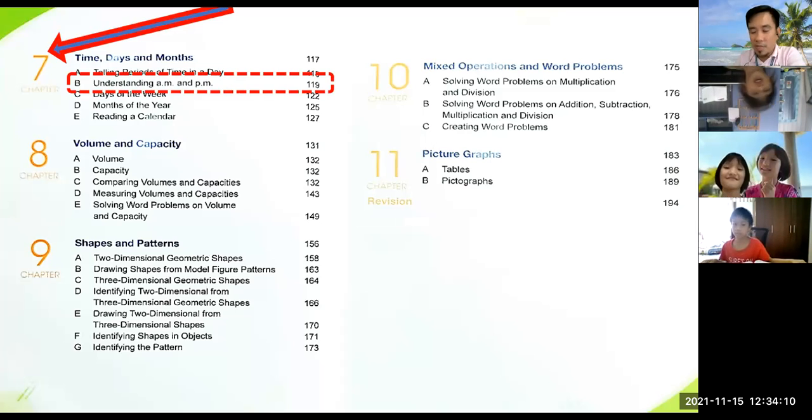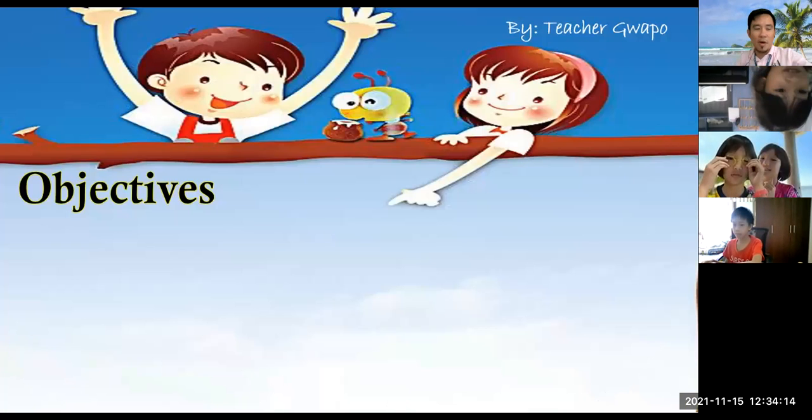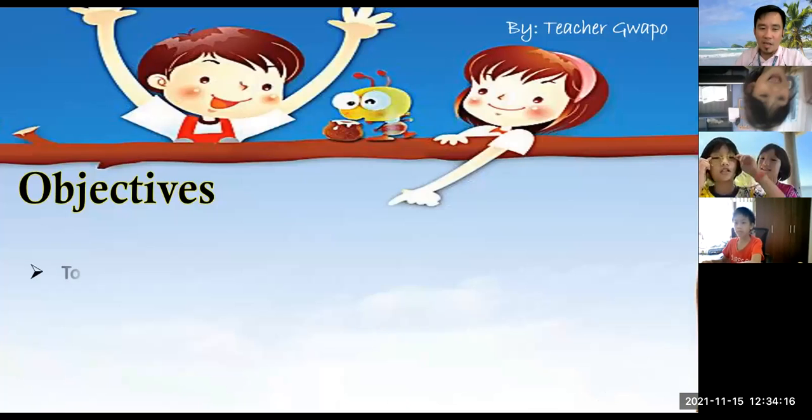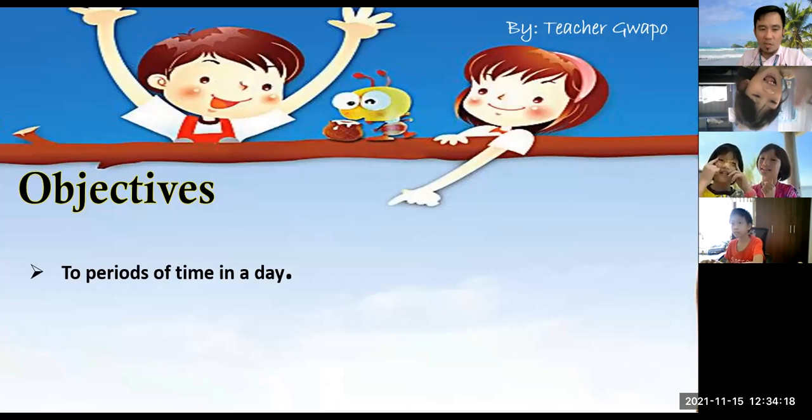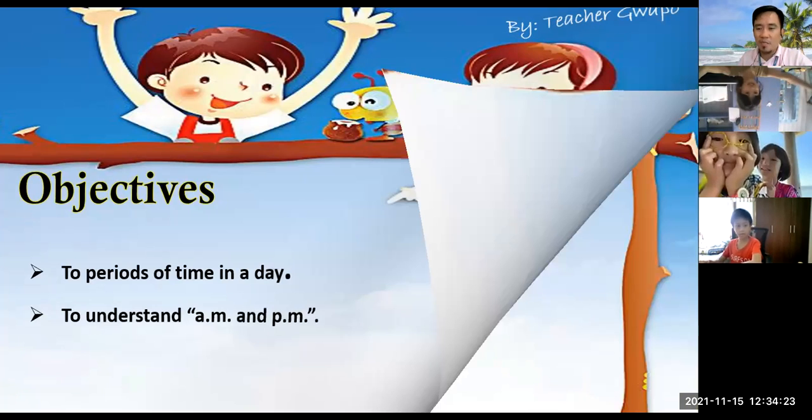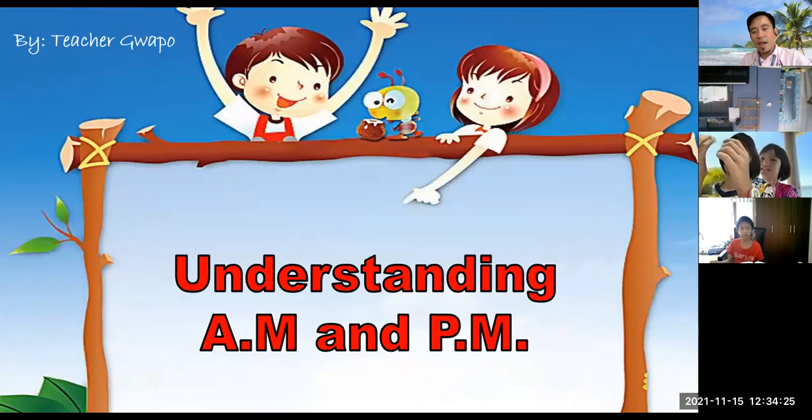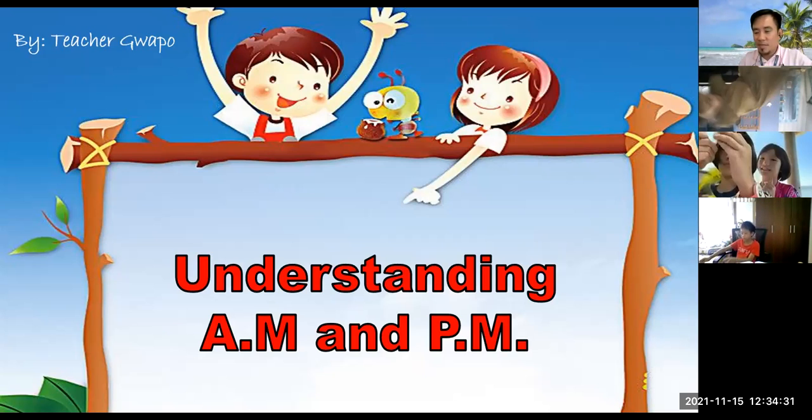When you were in grade 1, I told you this already, right? So it's just like a short review about AM and PM. Understanding AM and PM is our main objective or target this afternoon.